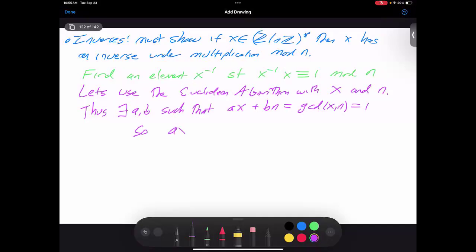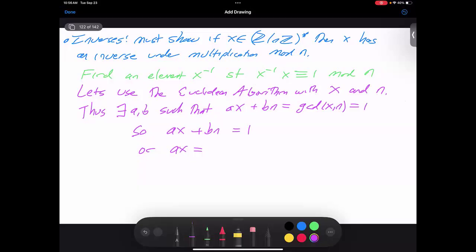So ax plus bn equals 1. Or what does ax equal? Let's solve for ax. 1 minus bn. Or ax is equivalent to 1 mod n. The Euclidean algorithm tells us that we have an inverse. It's wonderful. Not only does it tell us that we have an inverse, it actually gives us a way to find it quickly.